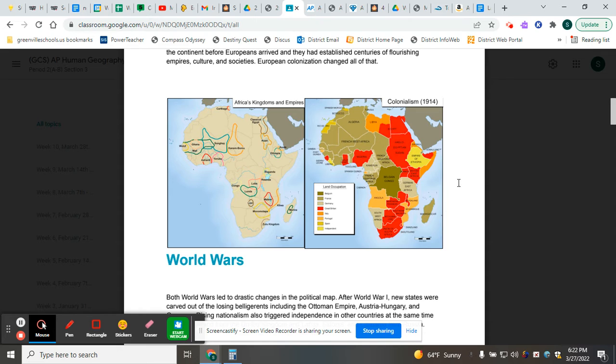Okay? A map of Africa that has been tainted by the hands of the Europeans. Okay? And again, not for the betterment of the Africans who live there, but for the economic and political gain of the Europeans.